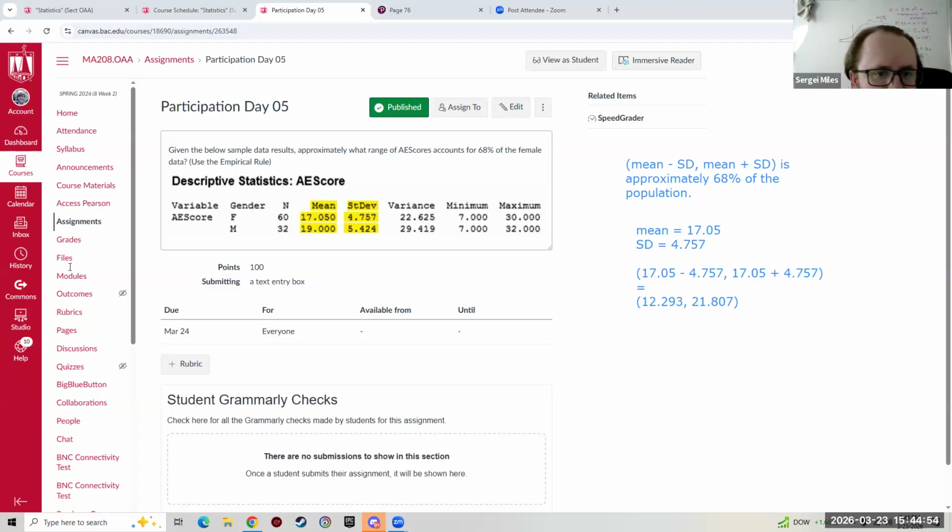So for our answer today, 68% of women in the AE scores for this data are approximately in what interval? That interval is from 12.293 up to 21.807. And so that is our answer for today's participation question.